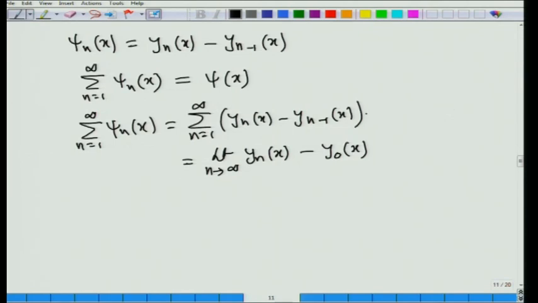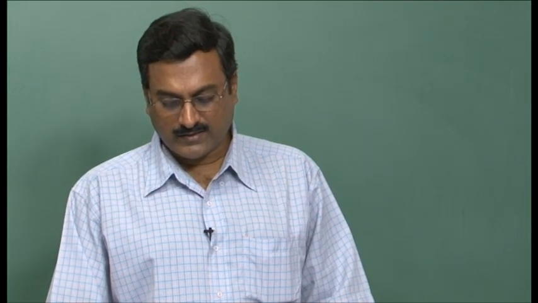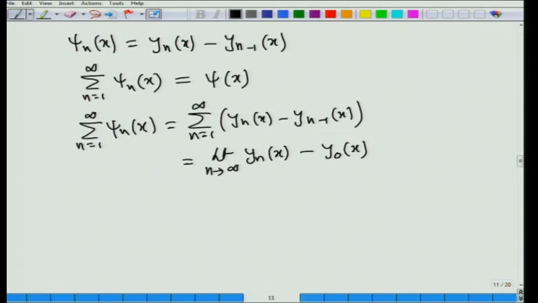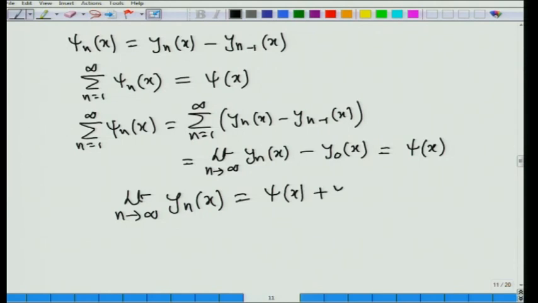So, y_1, y_2, y_3 all cancel with each other. We are only left with y_0(x) and the last term, that is y_n(x) as n tends to infinity. Now, as n tends to infinity, summation psi_n(x) is convergent, it converges to psi(x), and therefore, the limit as n tends to infinity of y_n(x) converges to psi(x) plus y_0(x), which as per our previous notation we have defined as y(x).